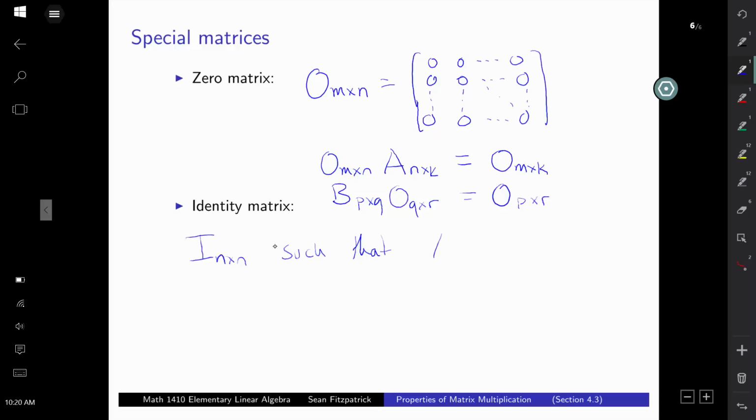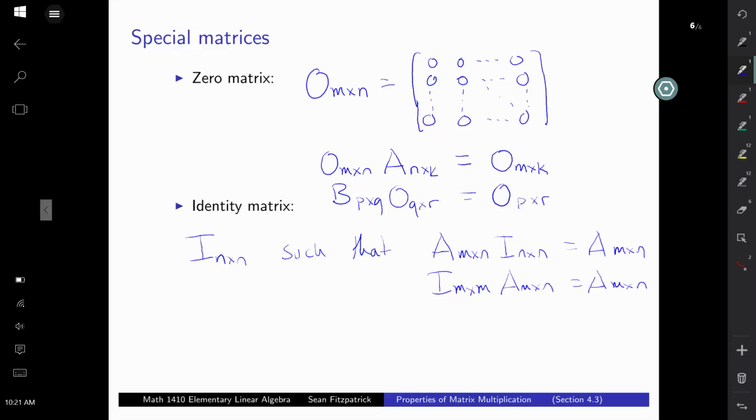So if A is, say, m by n, and you multiply by the n by n identity matrix, you want to get back A, and if you multiply on the other side, well, you've got to adjust the size. It's going to have to be m by m times A, m by n. Nothing should happen. You're looking for a matrix where multiplying by that matrix does nothing.